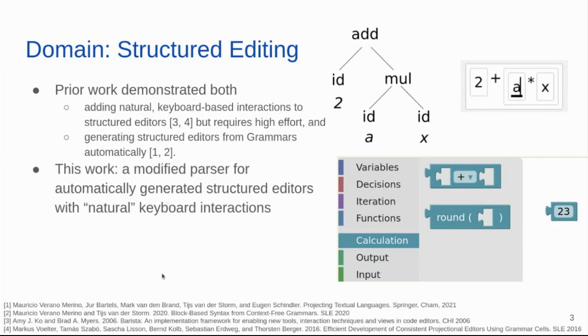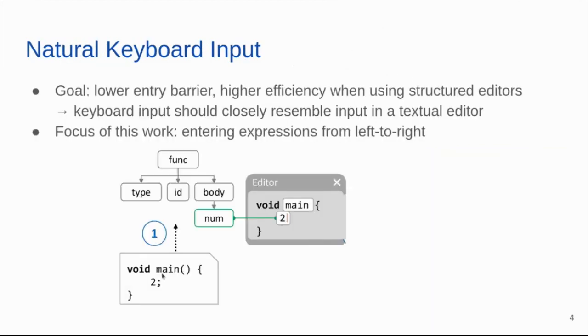In this work, we are aiming to put both of these parts together to create structured editors that have natural keyboard interactions built in. When we say natural keyboard input, we mean keyboard input with the goal of providing people with a lower entry barrier, because they potentially already know it from textual editing, and possibly also a higher efficiency, because you don't have the viscosity of interacting with menu-based structured editors.